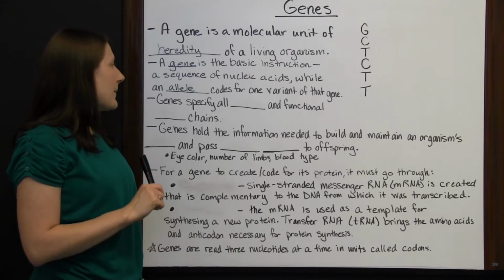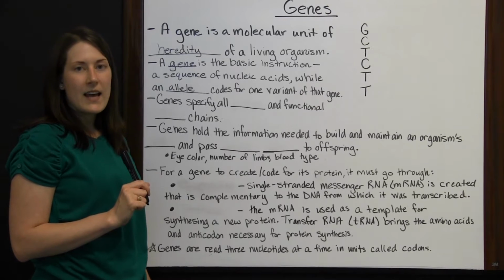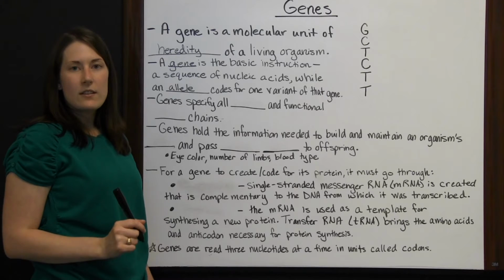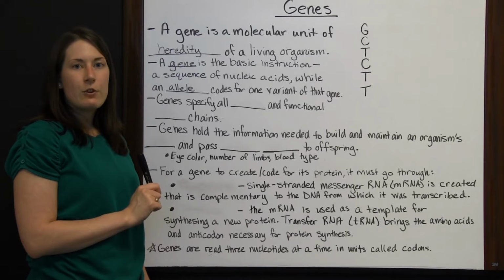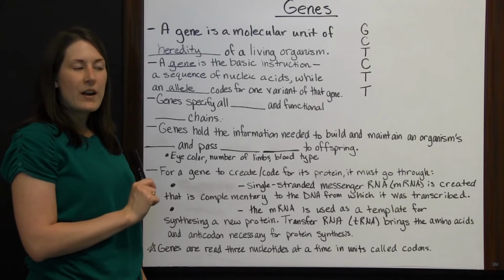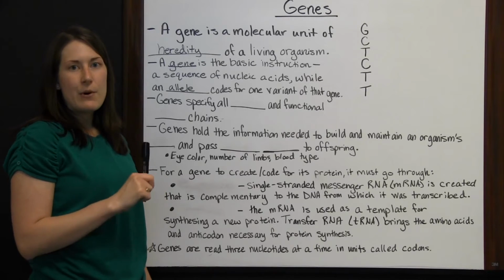For instance, if you have two parents that have brown eyes, you could still end up with blue eyes because blue is a recessive gene. So both of your parents had one dominant and one recessive, brown and blue eye color allele. The brown would have been prevalent in both of them.